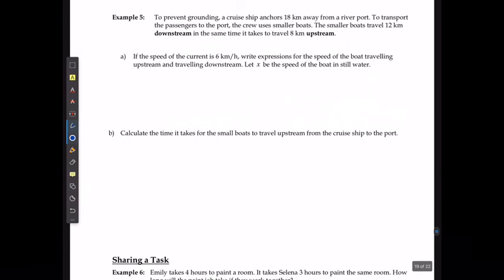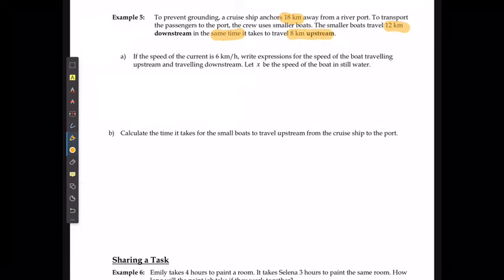For example 5, to prevent grounding, a cruise ship anchors 18 kilometers away from a river port. To transport the passengers to the port, the crew uses smaller boats. The smaller boats travel 12 kilometers downstream in the same time it takes them to travel 8 kilometers upstream.